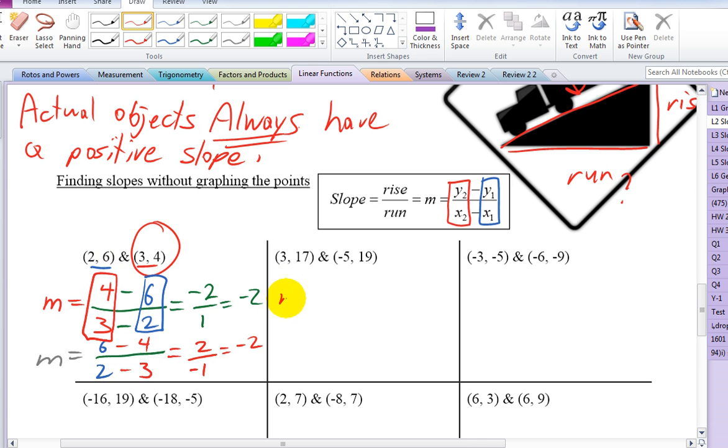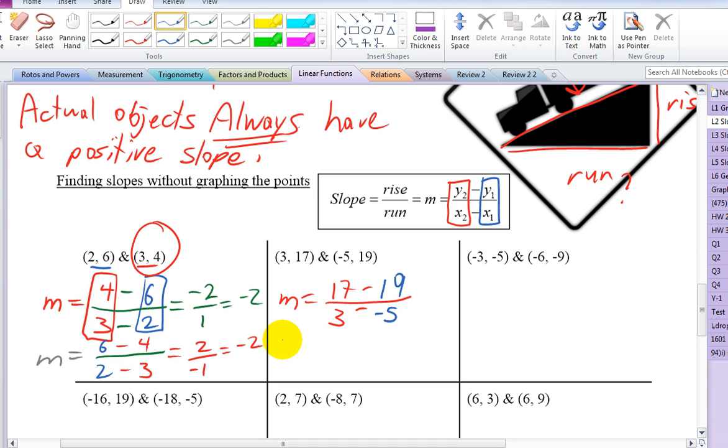Okay, let's try the next one. M equals, I put 17 here. What must go underneath 17? 3. Okay. Then I subtract. What must go over here? Positive 19. What must go underneath 19?